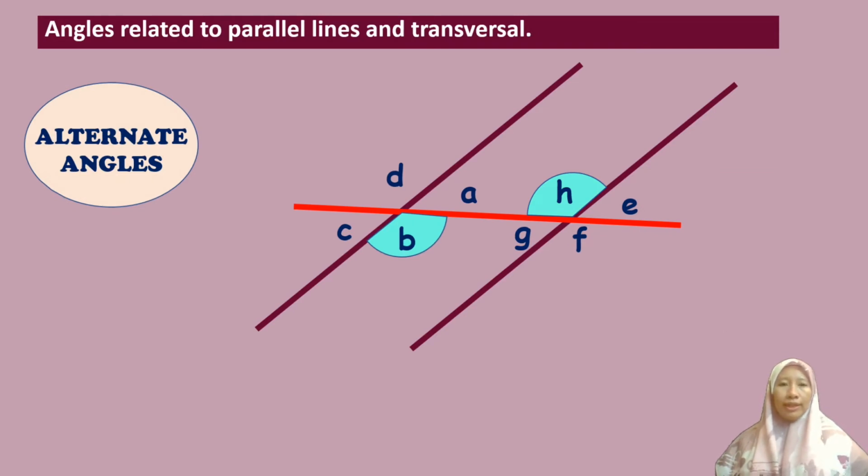What are alternate angles? This diagram shows you what alternate angles are. B and H, they are alternate angles. So that's how we identify alternate angles.